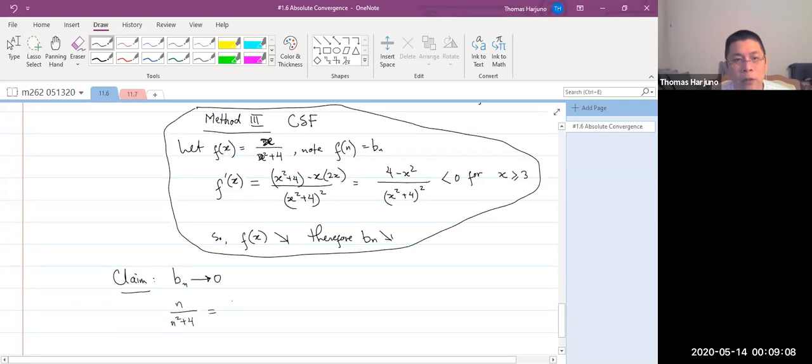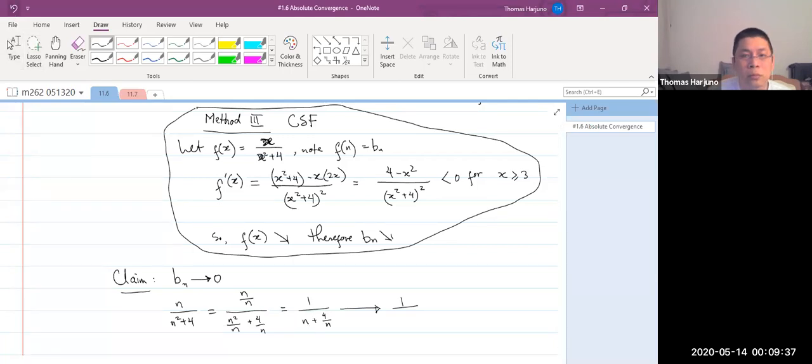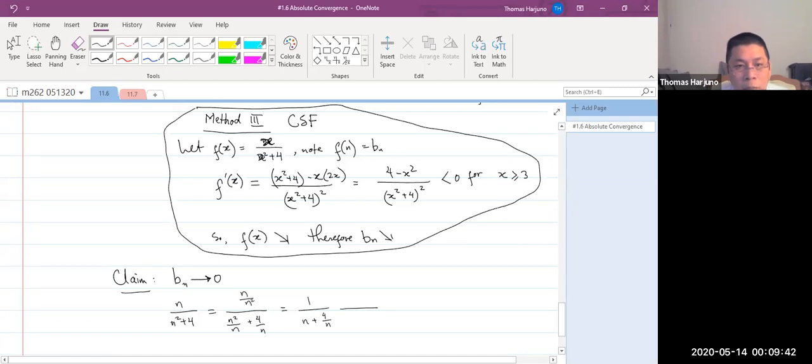I will divide the top and the bottom by n squared. That's equal to (1 over n) over (1 plus 4 over n squared).